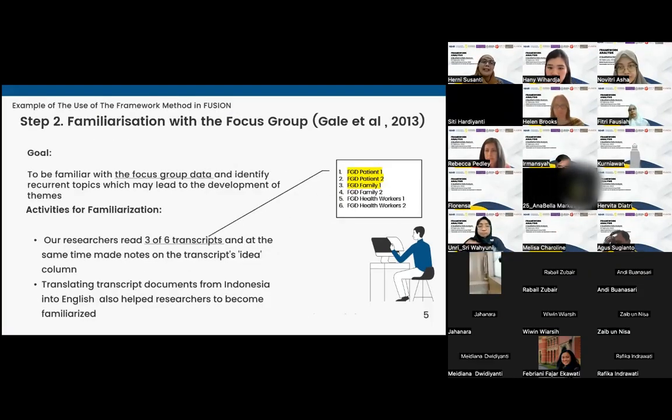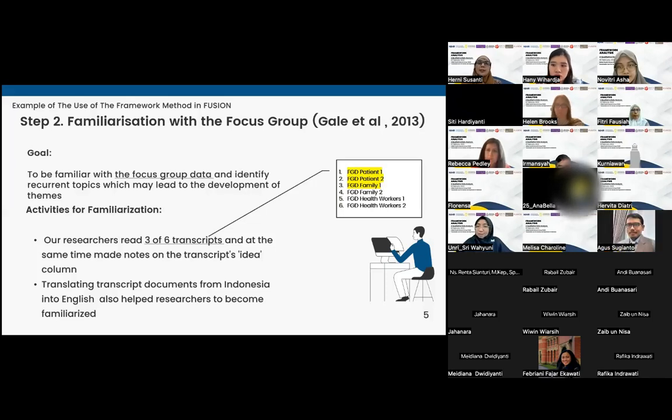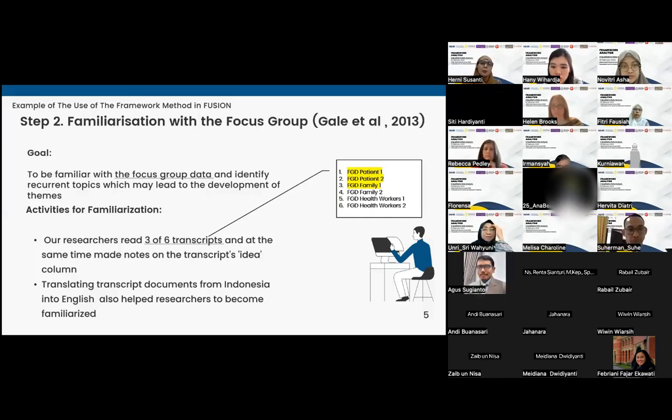Next, please. So this is the second step. It's about familiarization with the focus group, as also explained by previous speakers. It still uses the Gale approach. The goal of this step is really to be more familiar with the data. What we did is we chose 3 of the 6 transcripts to complete this step.